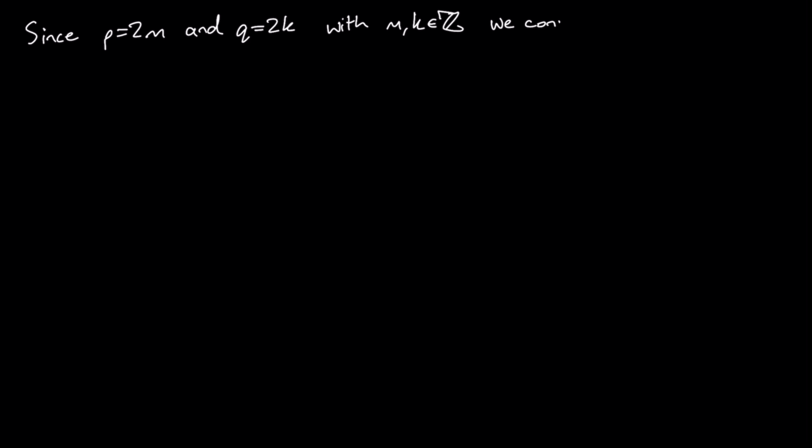So the way I'd write the rest of the proof is, since P is equal to 2m and Q is equal to 2k, with m and k integers, we conclude that the greatest common denominator of P and Q is not equal to 1. But this is a contradiction.